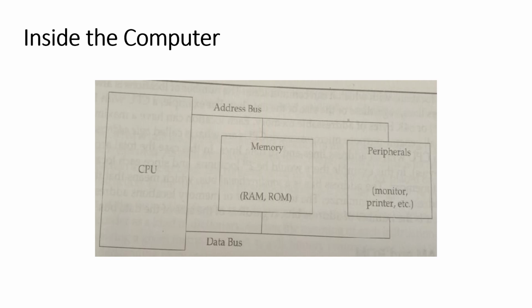Memories are of two types: primary memory and secondary memory. Primary memory can be RAM, secondary memory can be ROM. When you say primary memory, that is random access memory, its storage capacity is very less, and ROM is read-only memory.